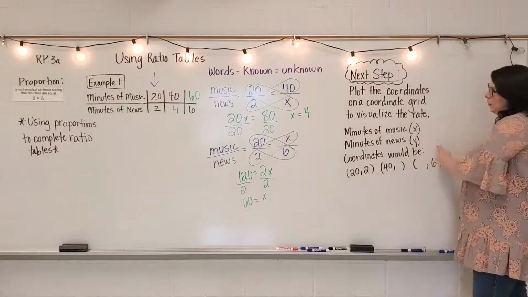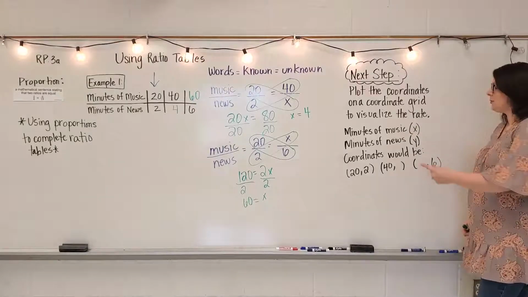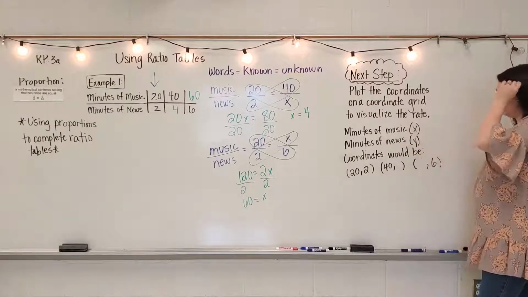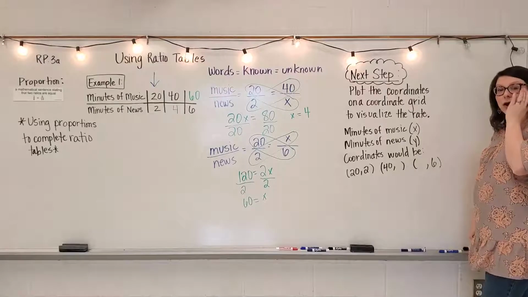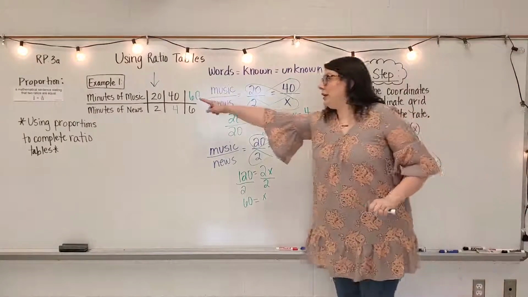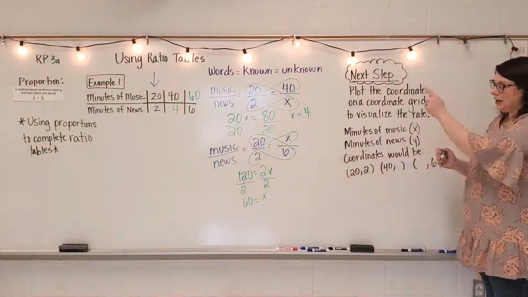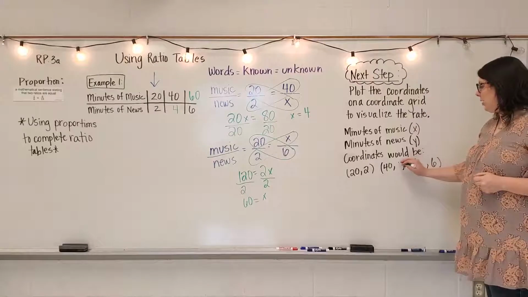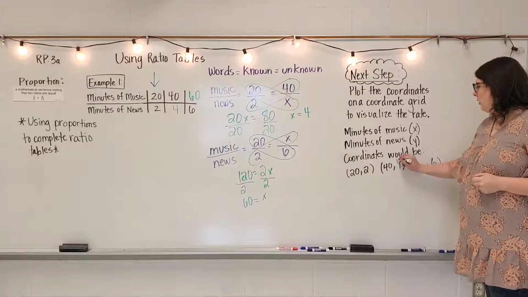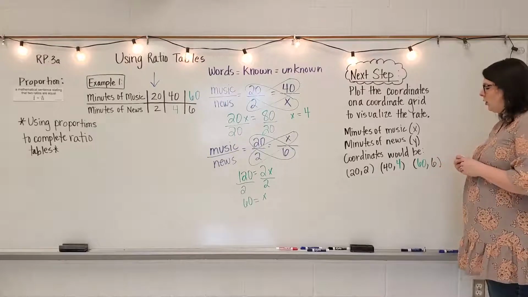In this example, our minutes of music would be plotted as our x-coordinate on our x-axis, and our minutes of news would be plotted as our y-coordinate for the y-axis. So our coordinates would be 20 and 2. And now that we've solved the next rate, we're going to do 40 and 4, and 60 and 6. All right?